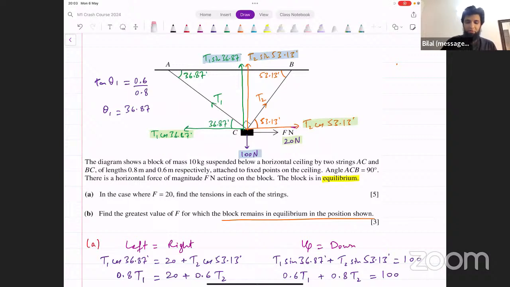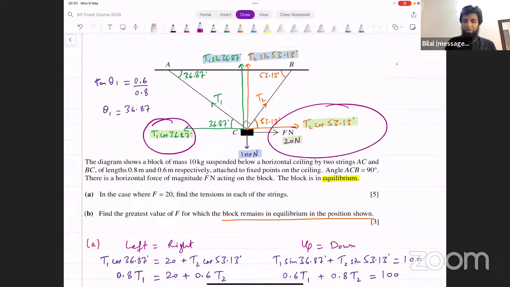Okay. Think about vertical forces. Vertically, we have T1 acting here and T2 acting here. We have components of T1 and T2 acting in the upwards direction. Downwards, we have weight. Now, if we put one of these two equal to zero, the other can take care of that. So vertically, we don't have a problem. Horizontally, if we get rid of T1 from there, we don't have anything to balance the forces on the right side.